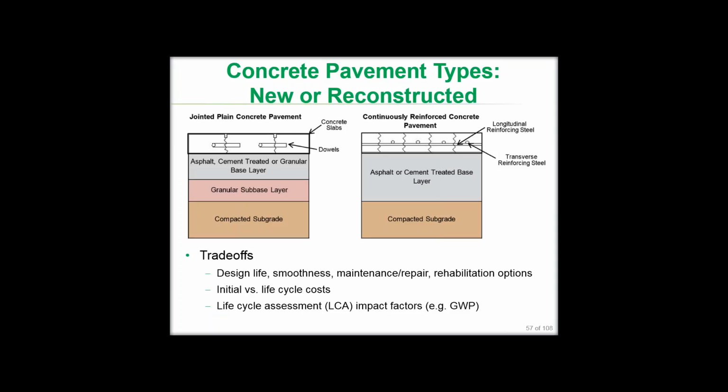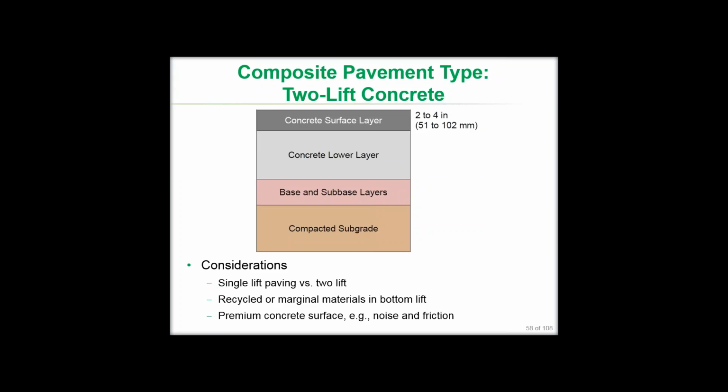How much maintenance and repair will they tolerate, and that can have an impact on the maintenance and repair phase and assessment. Likewise, future rehabilitation options that may be planned in initially, and whether there's a policy within the agency of initial costs being a consideration versus life cycle costs. Finally, if we do a life cycle assessment, eventually this could impact what choice we would make between a jointed plain and CRC, depending on a lot of the factors I just discussed.